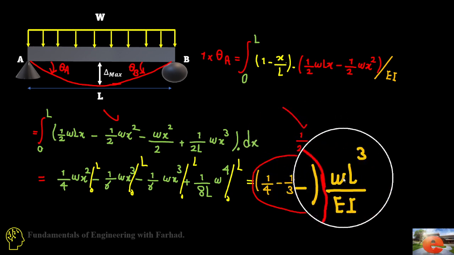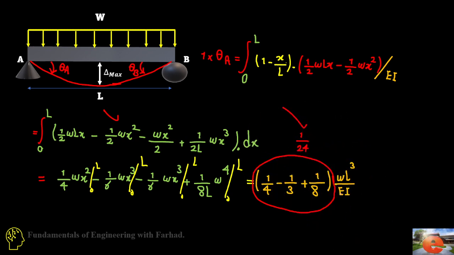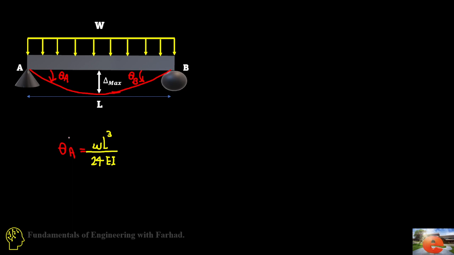That's 1 over 24 wL cubed over EI, which is the result of virtual work for theta at A, also equal to theta at B by symmetry.